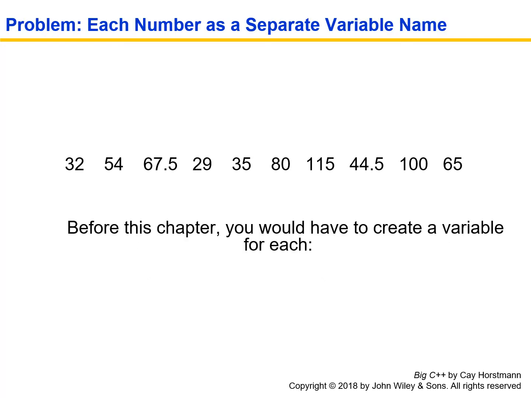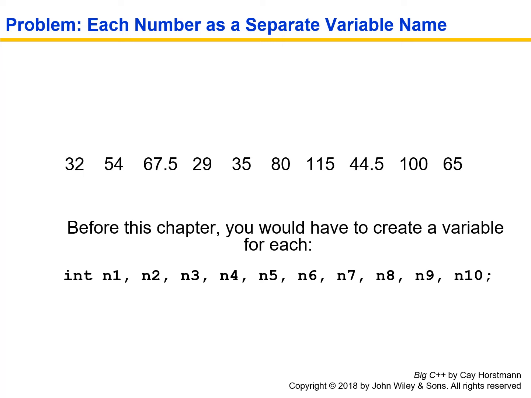So what you would have to do before this chapter, before we get into arrays, is create one variable for each number, n1, n2, n3, all the way up to n10. Then you'd have to write a whole bunch of if-else statements, like if n2 is greater than n1, then you would compare n2 to n3.